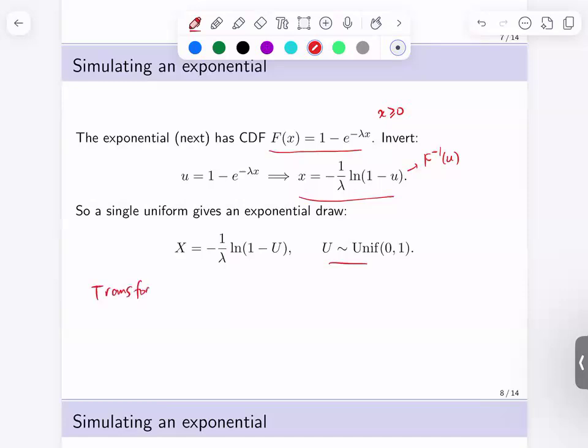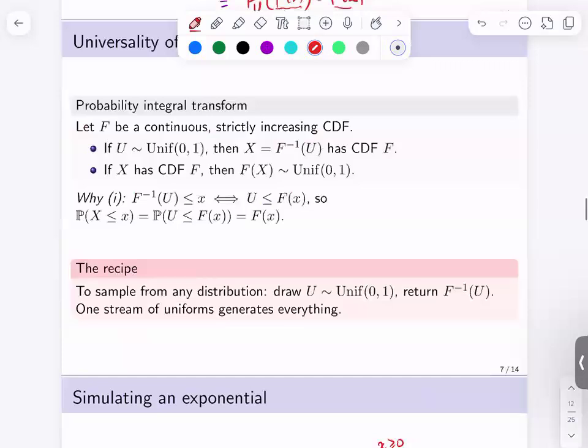Okay, so this is an example of a transformation of random variables. When you construct a random variable which is a nonlinear function of another random variable, what happens to its distribution? This is an instance where you can easily figure it out.